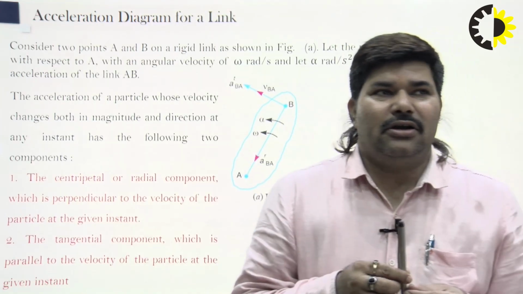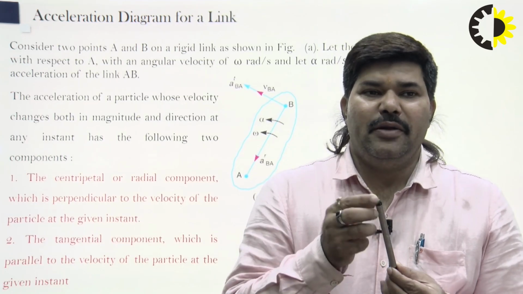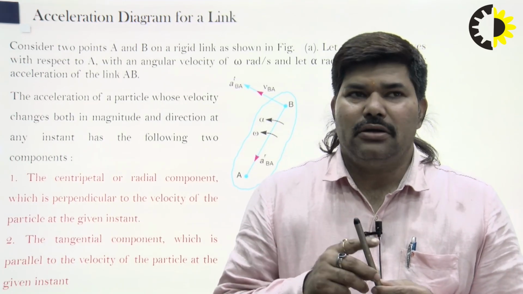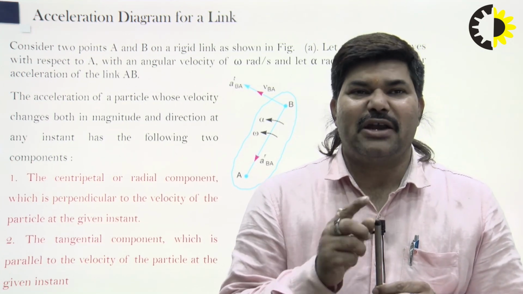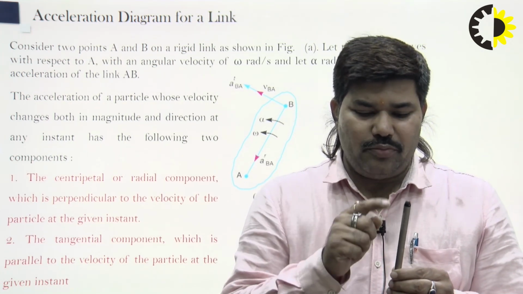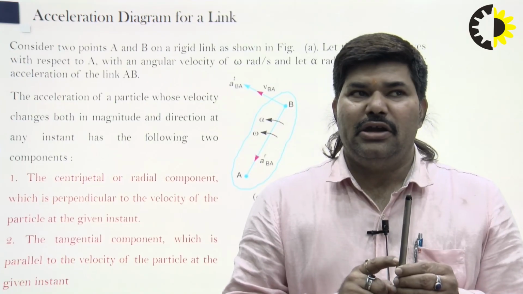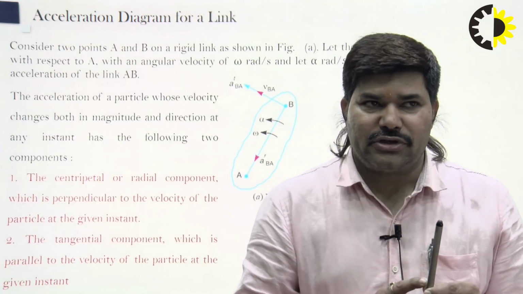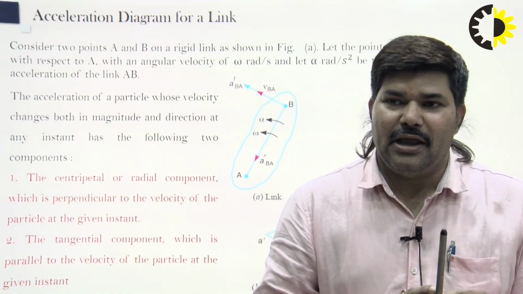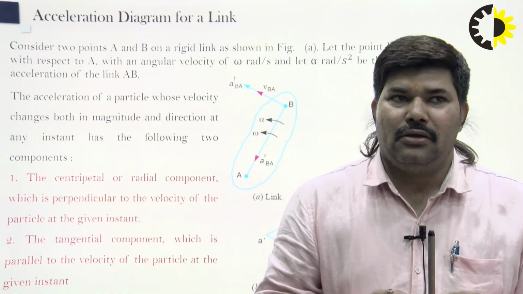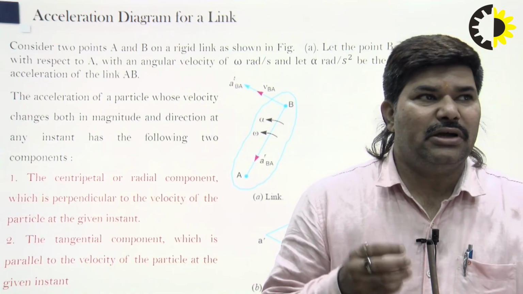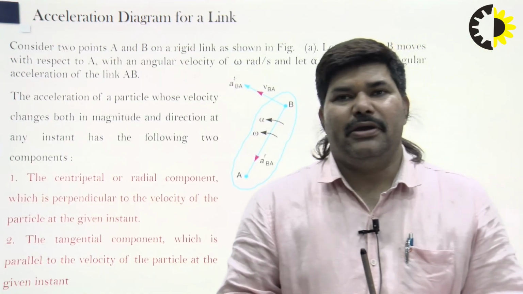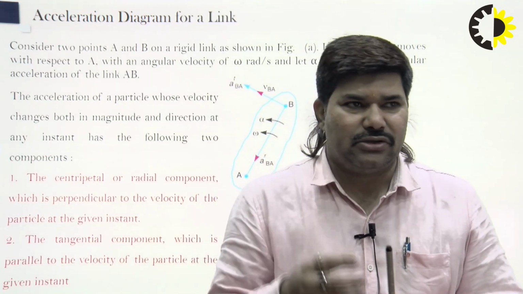Consider two points A and B on a rigid link, and let point B move with respect to A with an angular velocity omega radian per second, and let alpha radian per second square be the angular acceleration of the link AB.